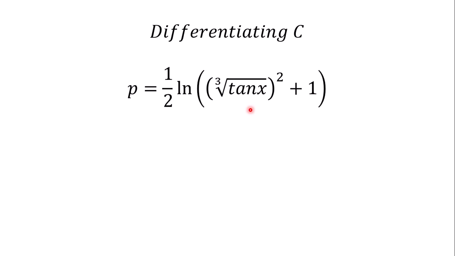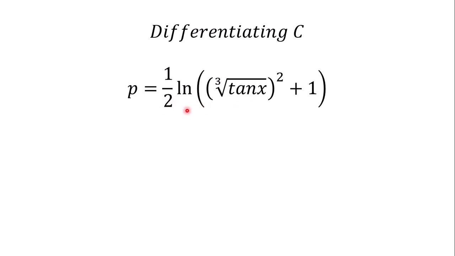Okay, so the same way, we're going to let another variable be equal to what is in the bracket here. What is in the bracket? That is cube root of tangent x to the power 2 plus 1. So we are going to let a variable be equal to that. Then we differentiate. After that, we look at P is equal to the natural log of that variable.